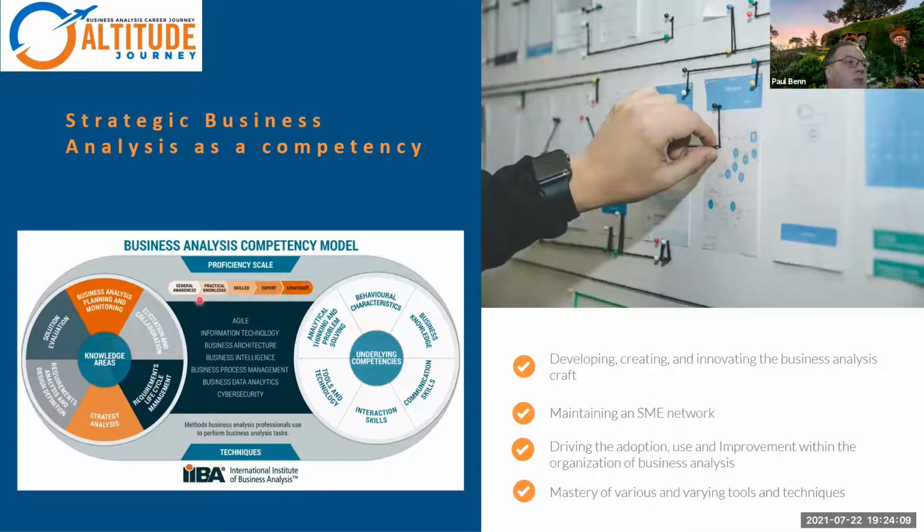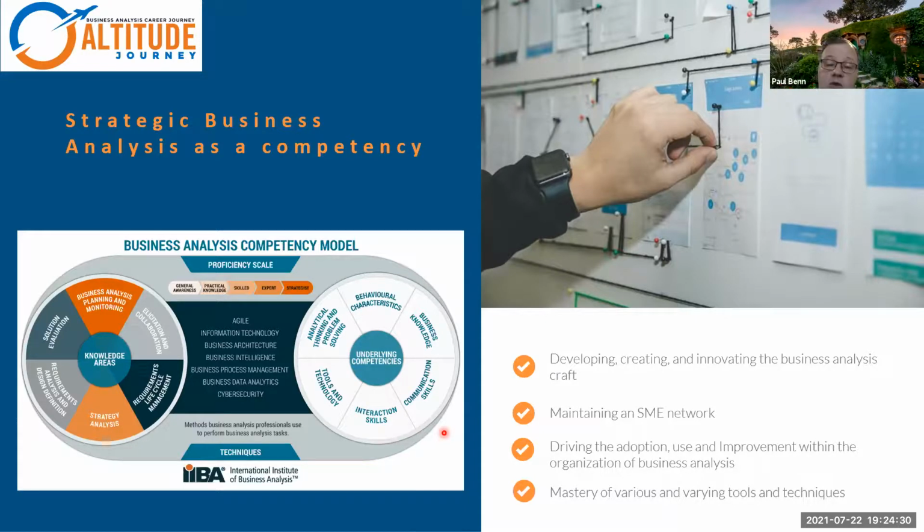At the very bottom is your general awareness, and that's probably someone who's just entering or about to enter into business analysis, and it goes all the way up to strategist. And this proficiency model is used within all of the capabilities that we see within the BABOK for a business analyst.